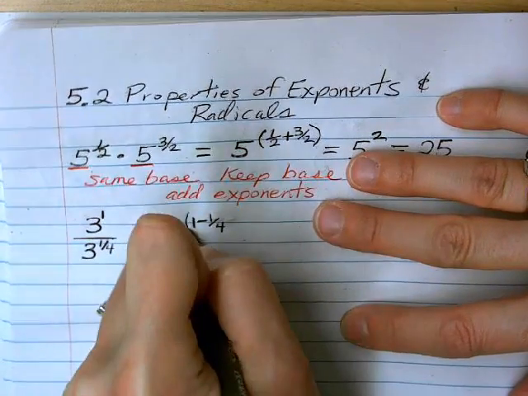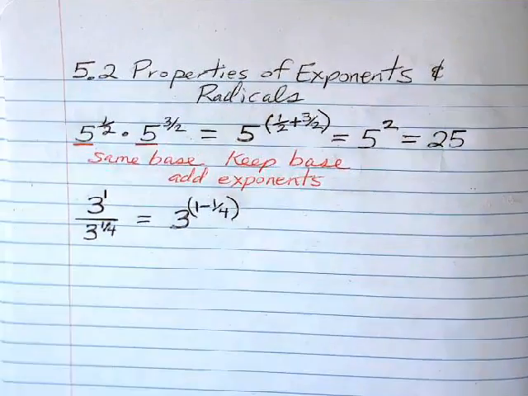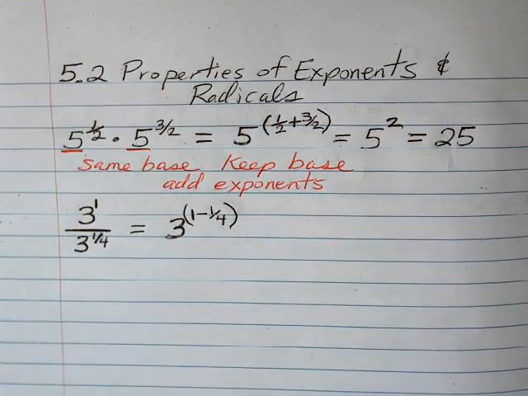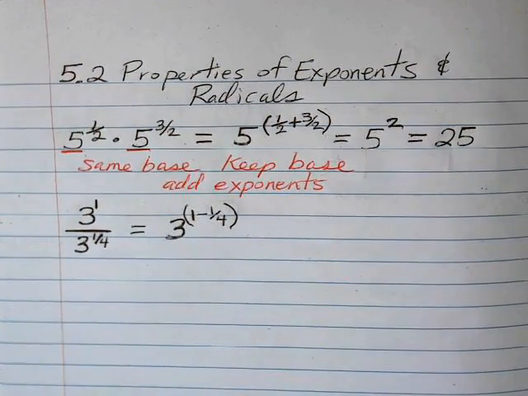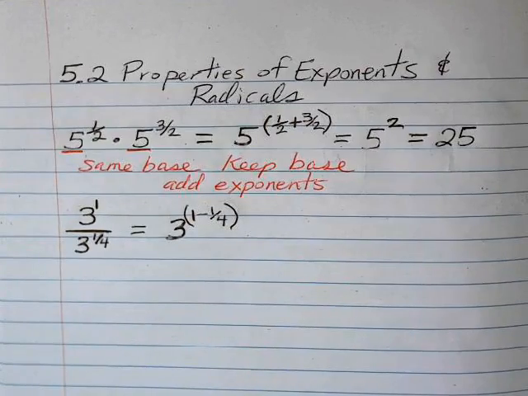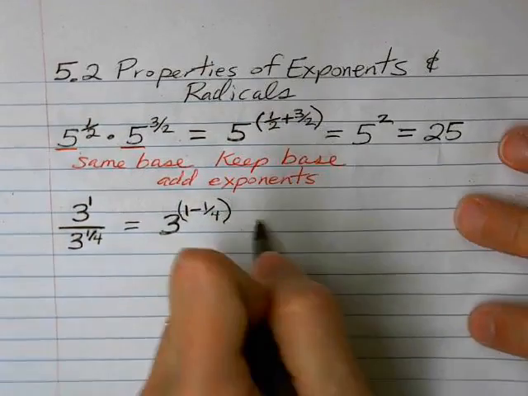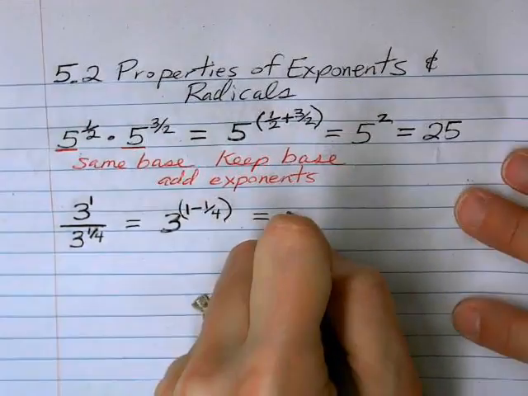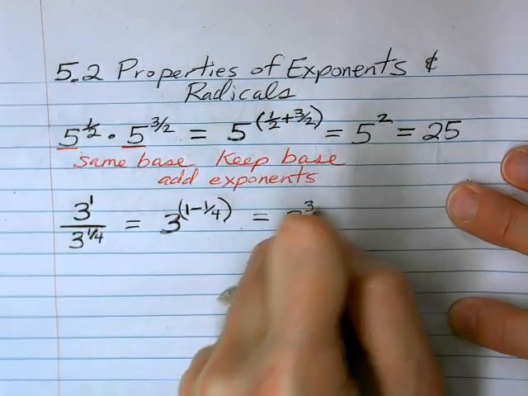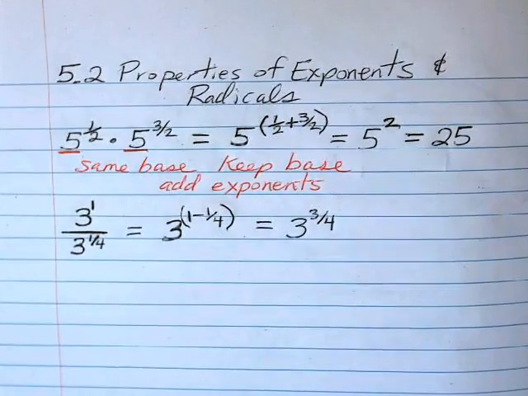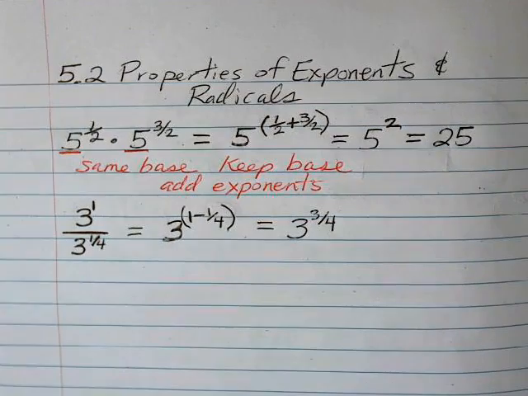You have to literally subtract those. So keep the base, subtract the exponents this time. So the final answer for this one would be 3 to the 3/4 power. 1 minus 1/4 is 3/4.